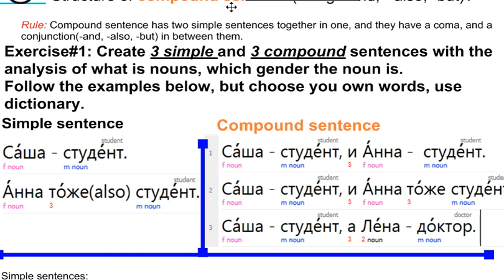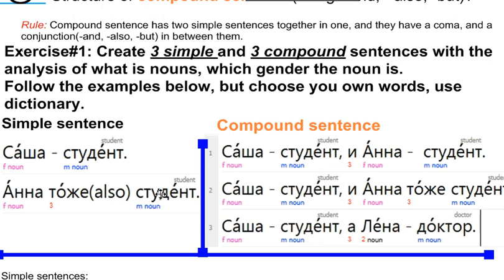Now let's practice our writing skills. How can we put sentences together, simple sentences and compound sentences? So here we have 2 examples of simple sentences and 3 examples of compound sentences. Let's follow these examples.